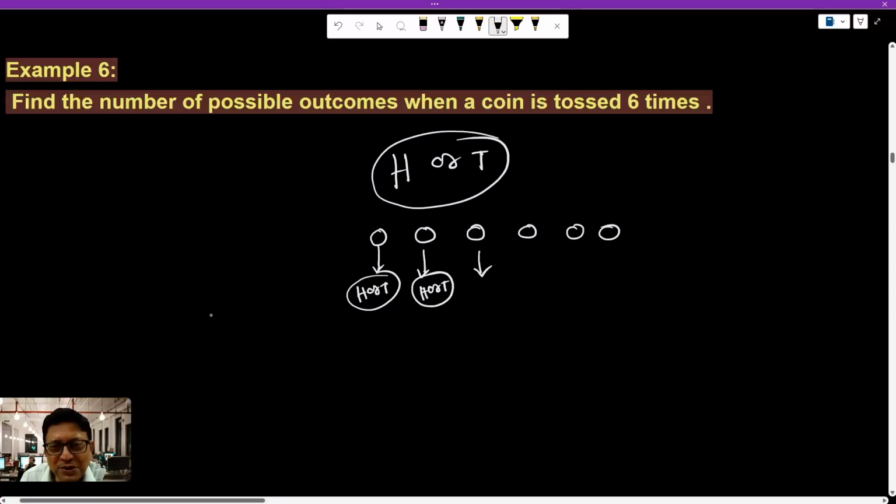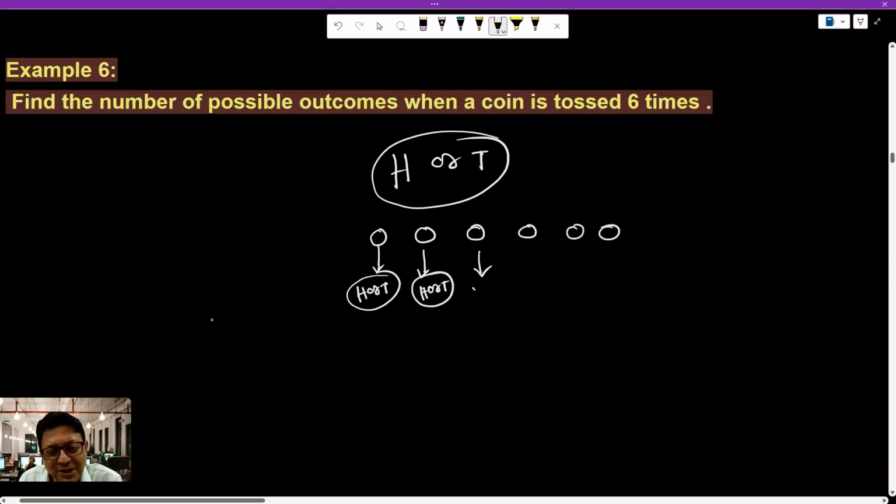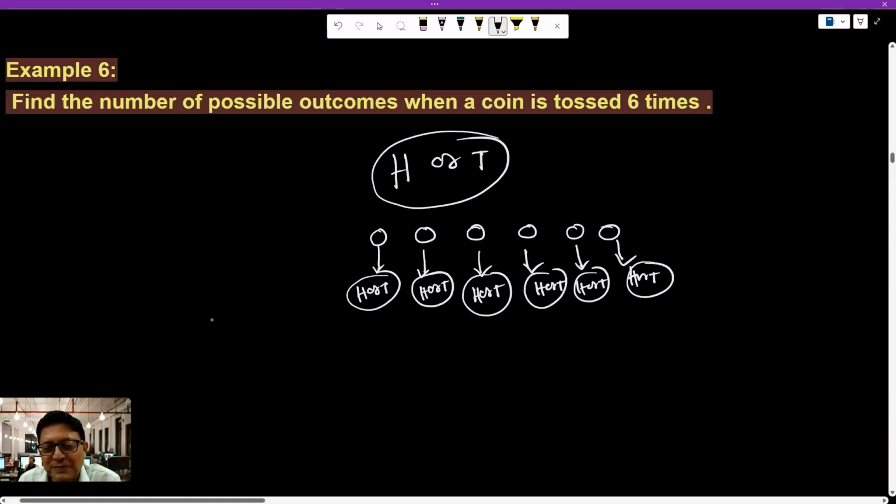One face will be there, not like a bulb, either on or off. No, either head or tail. So one possibility is always there. Either head or tail. This one head or tail. The last one is also head or tail. So how many possibilities here? 2. Here 2. 2. Clear?